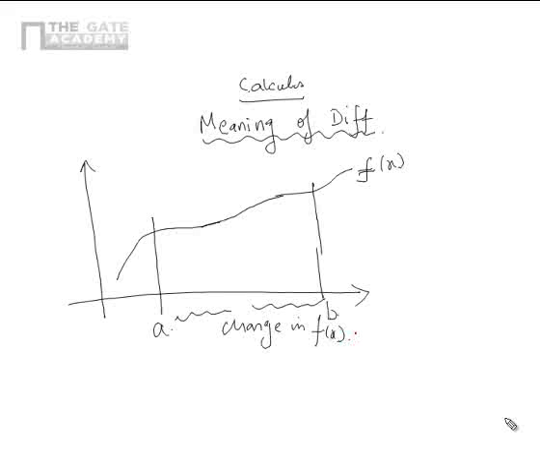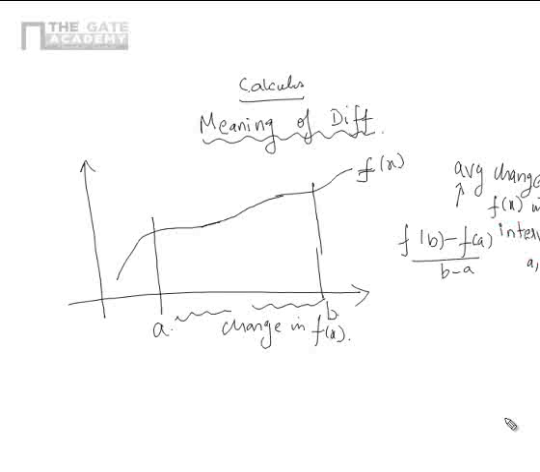So what we did was f of b minus f of a by b minus a, and we call this the average change in f of x in the interval a comma b.